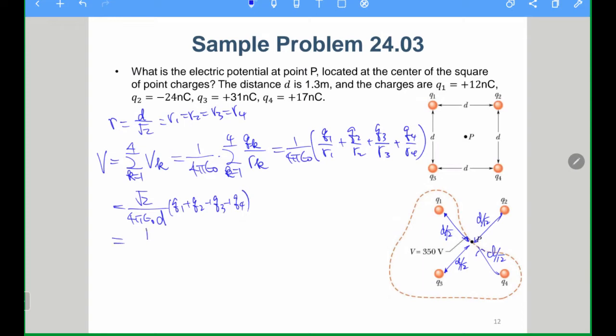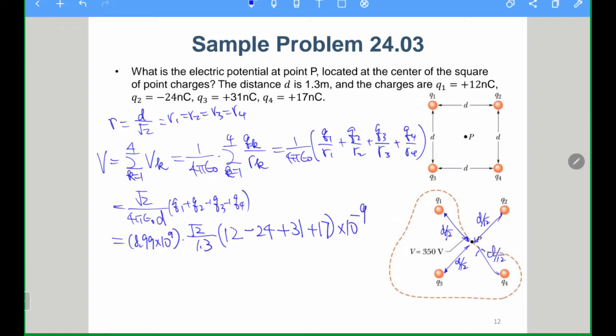Okay, so plug in the values. We have 1 over 4 pi epsilon naught is 8.99 times 10 to the 9th power, and then times square root of 2 over d, which is 1.3 meters, and then times 12 minus 24 plus 31 plus 17 times 10 to the negative 9th power.